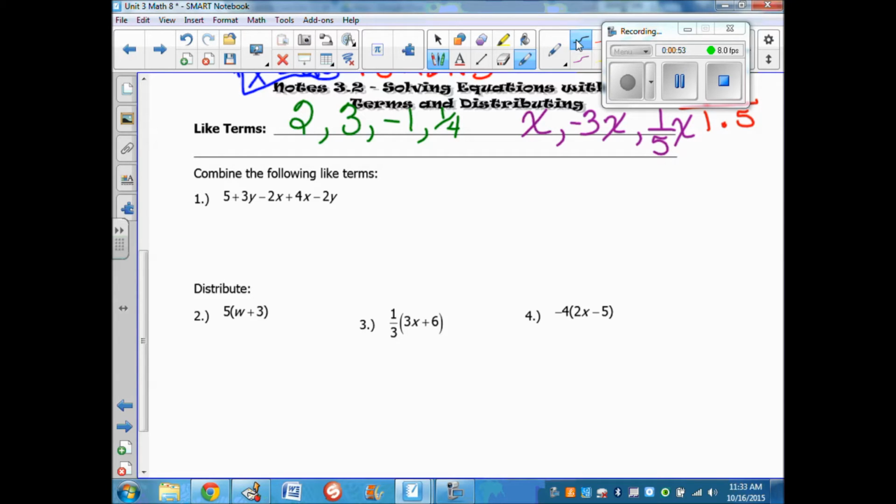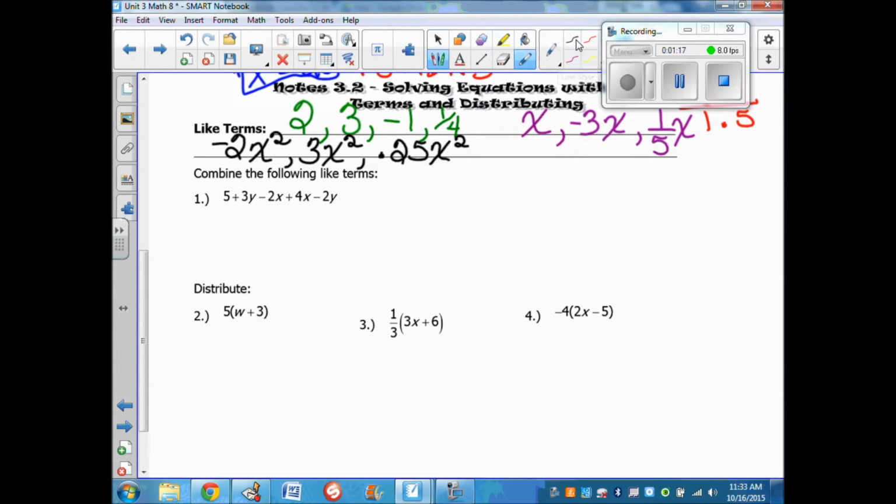What if I had -2x squared, 3x squared, 0.25x squared? Those are like terms. What I've written in the green are like terms, what I've written in the purple are like terms, and what I've written in black are like terms.